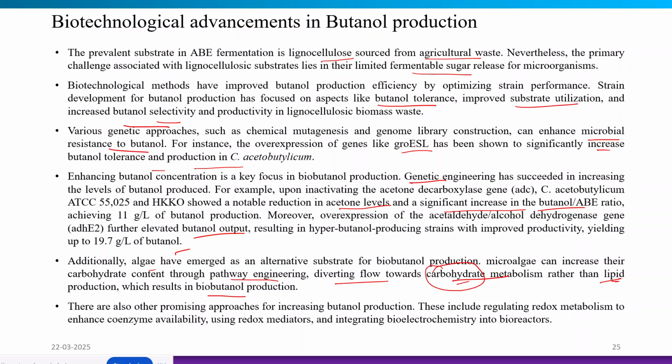There are also other promising approaches for increasing butanol production. They include redox metabolism to enhance coenzyme availability using a redox mediator and integrating bioelectrochemistry in the bioreactor. We can overall increase the yield of biobutanol production.